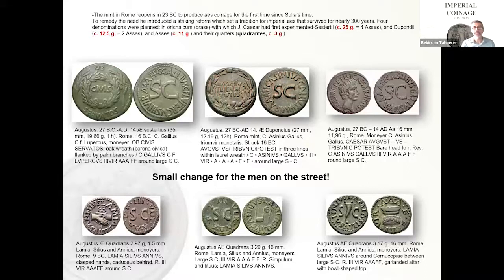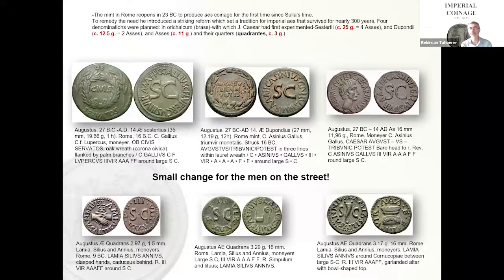Before establishing a firm coinage system, or monetary system, I should say, he saw the need for small change for the regular people on the street. So after a long time, he reopens the mint at Rome in 23 BC, just to produce bronze coinage.